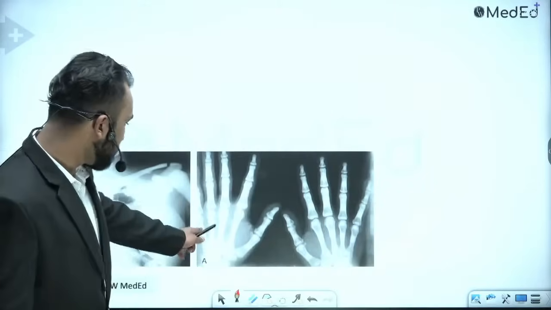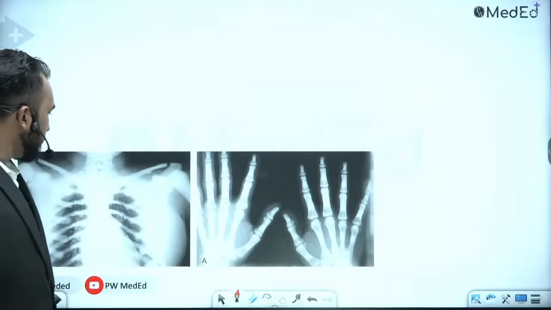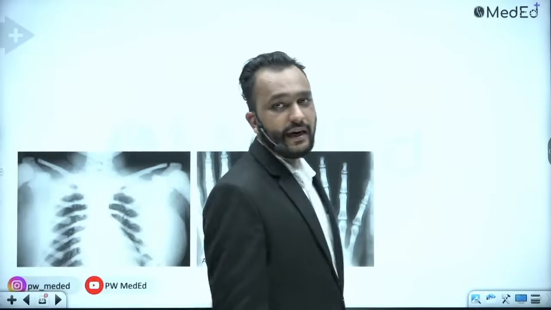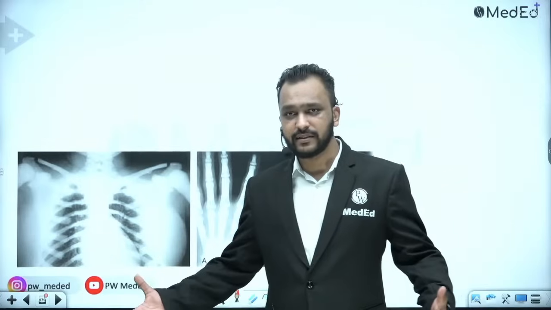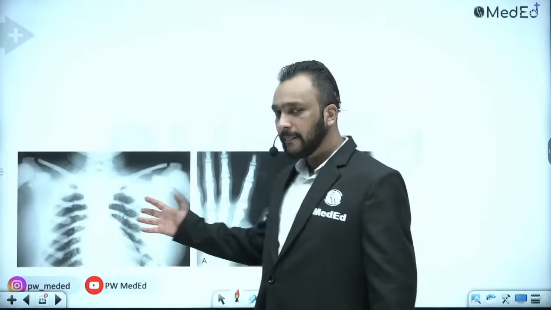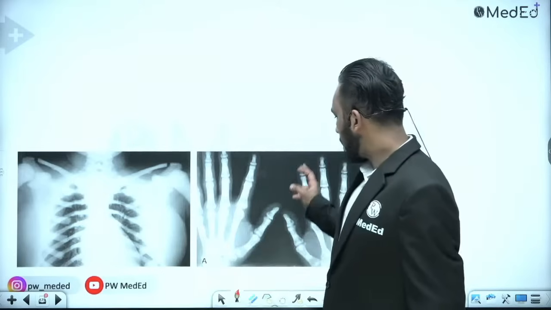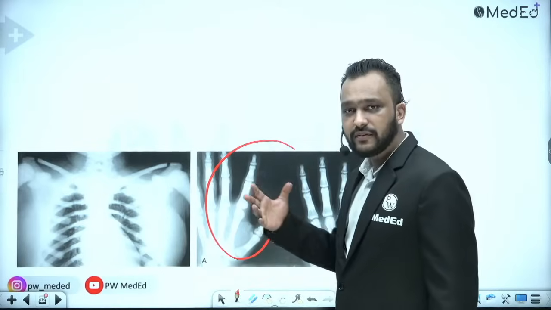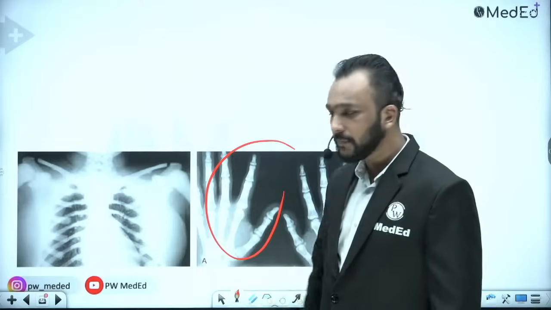Okay. So last slide for today. So here in this patient you can see that there is diffuse increase in the density of the bones. Within the fingers, within the vertebra, you will see bone within a bone appearance.